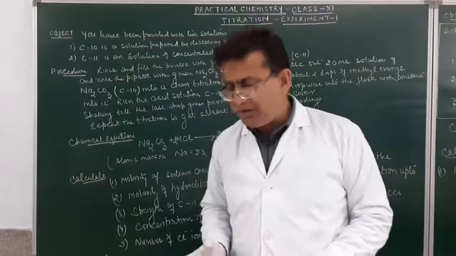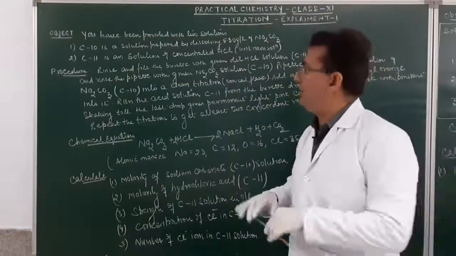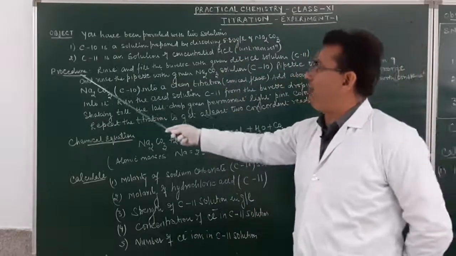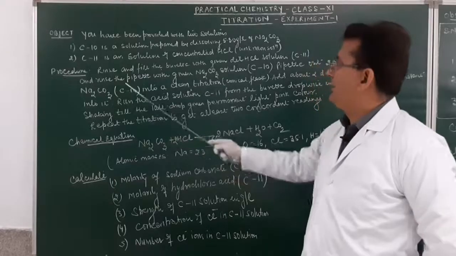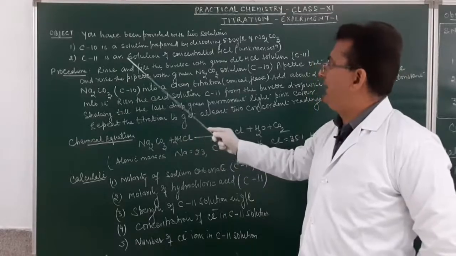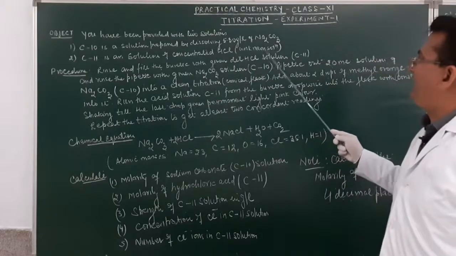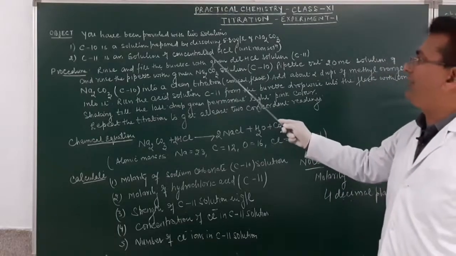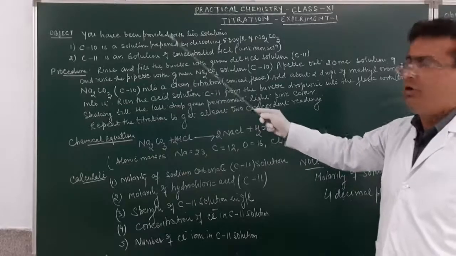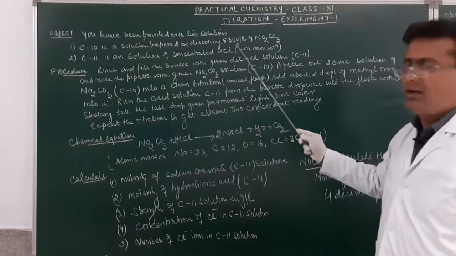Now, what is to be done in this practical? Remember, just see the procedure of the practical. Rinse and fill the burette with the given dilute HCl solution. So, the solution of concentrated HCl has been diluted to an unknown strength.